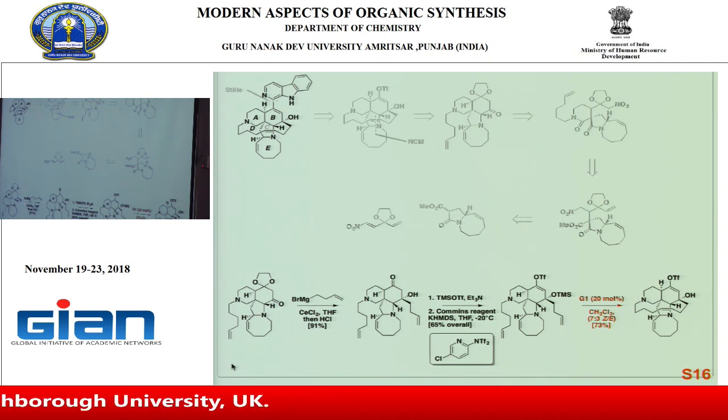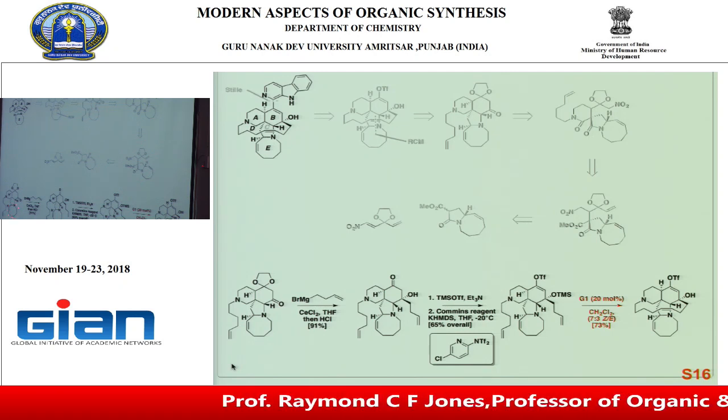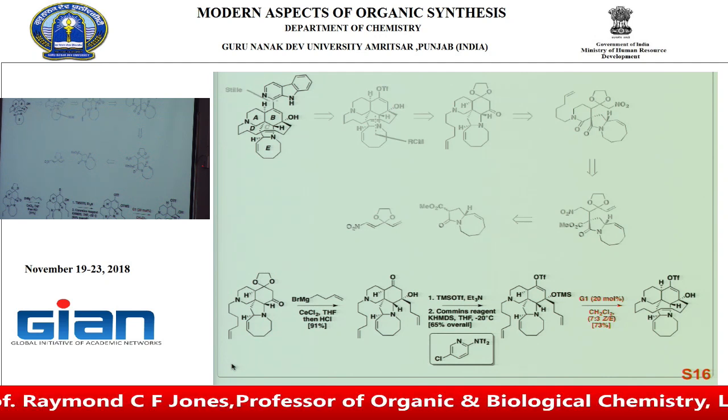Really, one thing I want to point out is making this compound doesn't look so different to the one that Martin made. Only this time, Dixon made the 8-membered ring before the big long bridge.